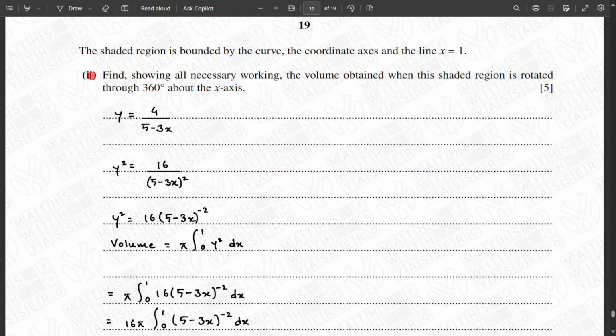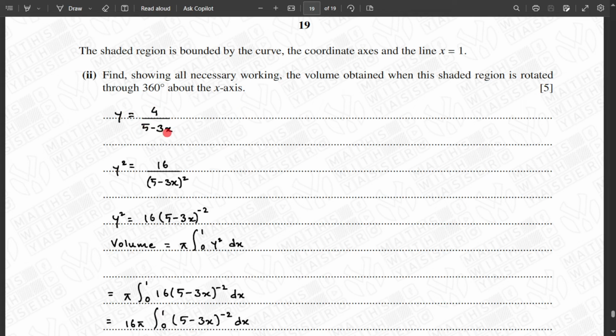In part 2, it says the shaded region is bounded by the curve, the coordinate axes, and the line x equals 1. We need to find, showing all necessary working, the volume obtained when this shaded region is rotated through 360 degrees about the x-axis. Since we are talking about volume and it is rotated about the x-axis, we need to find the equation for y squared.